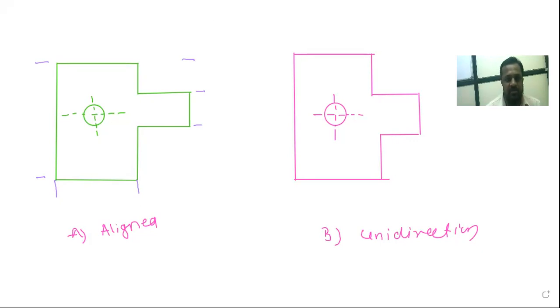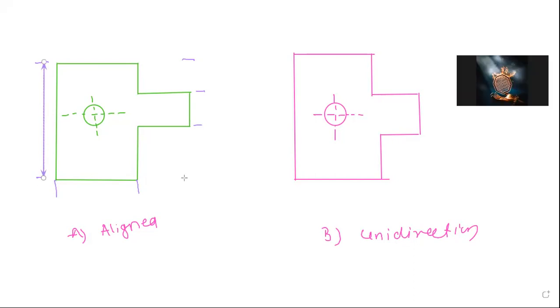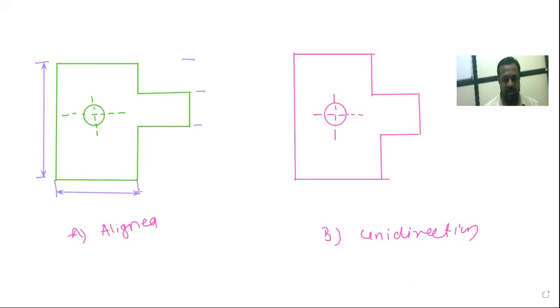In the aligned system, how can we draw this? It is aligned, correct? Yes, sir, like this. Then again we can show the dimension on this part also like this. Okay, it is correct.